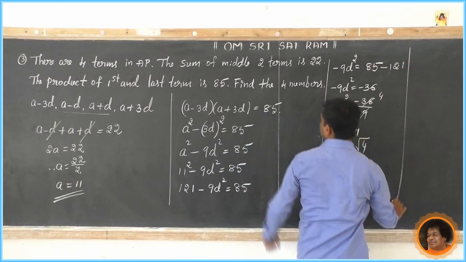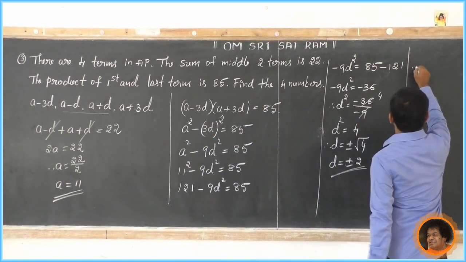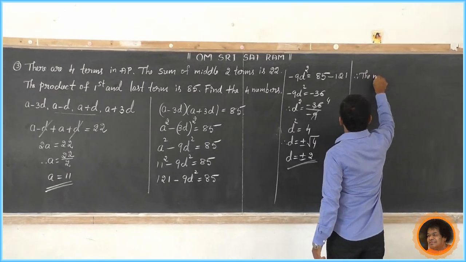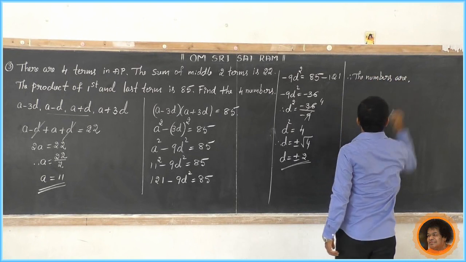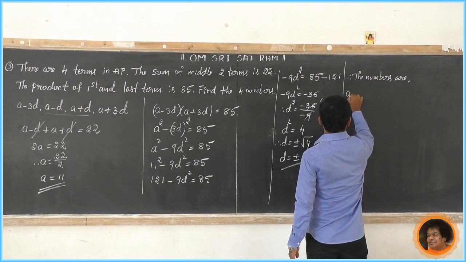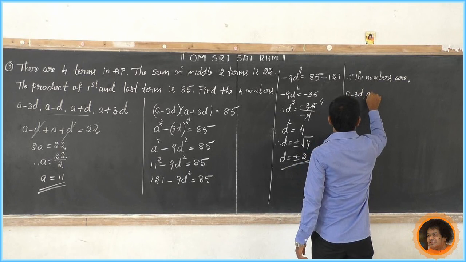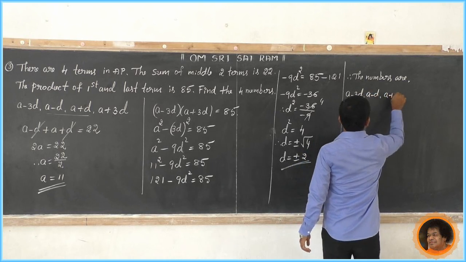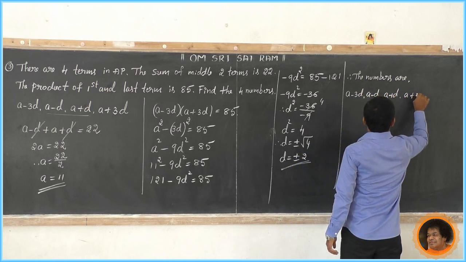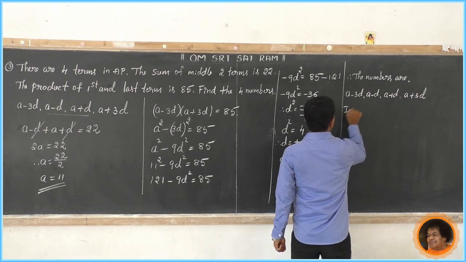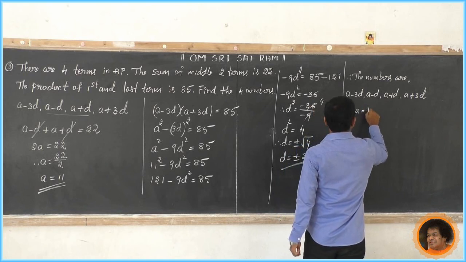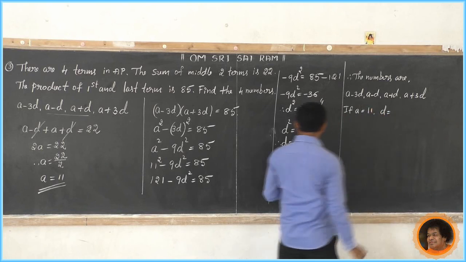Then what is the question given? Find the numbers. The numbers are a minus 3d, a minus d, a plus d, a plus 3d. These are the 4 numbers. With a equal to 11 and d equal to plus or minus 2, there are 2 possibilities.